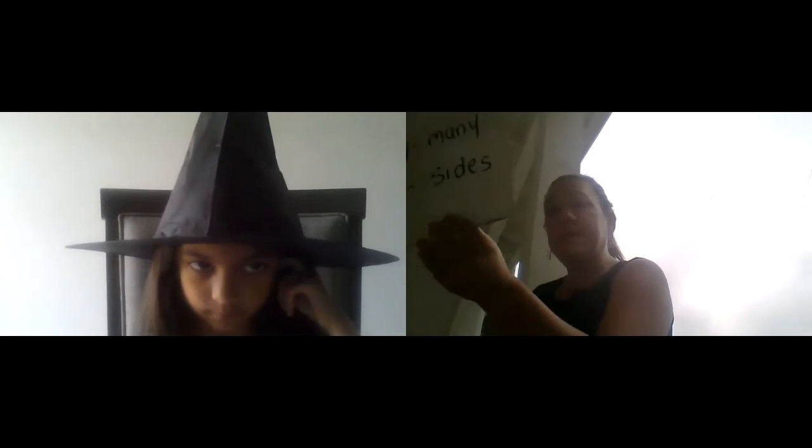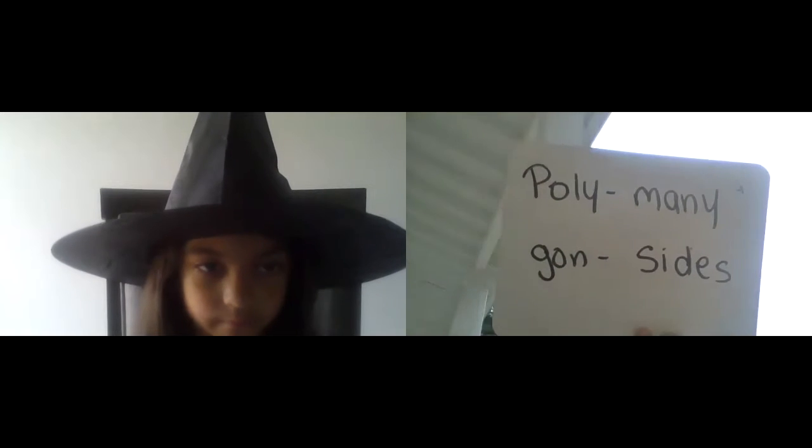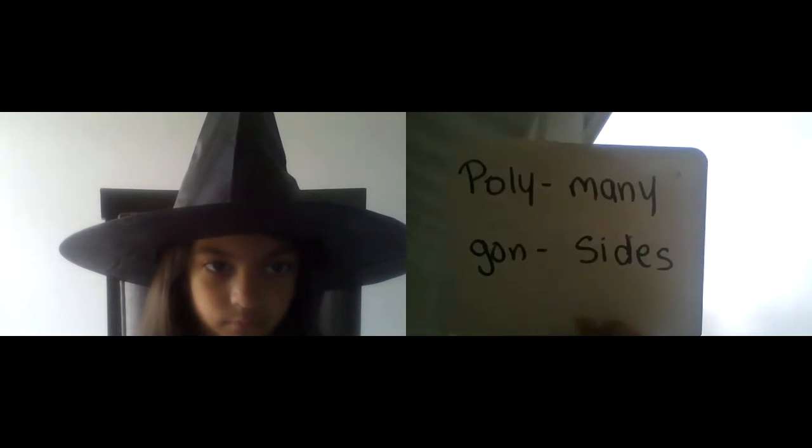Then we have our 9-sided polygon, nonagon. And then we have our 10-sided polygon, which is our decagon. Nice memory. And what does the word polygon mean again? It means many sides. So the word polygon is a shape that means many sides.